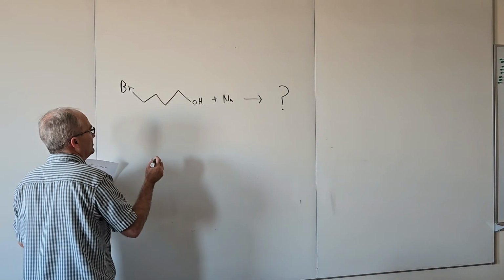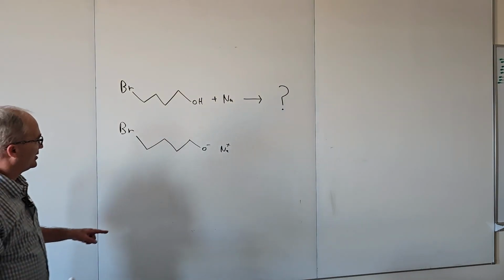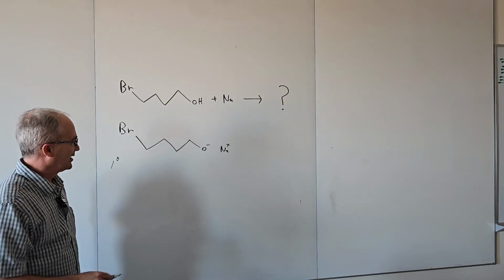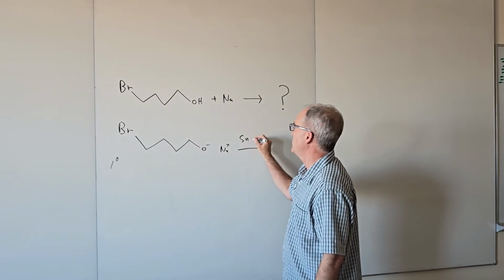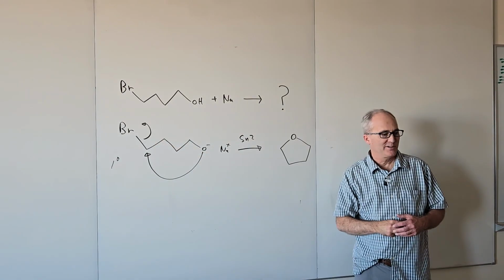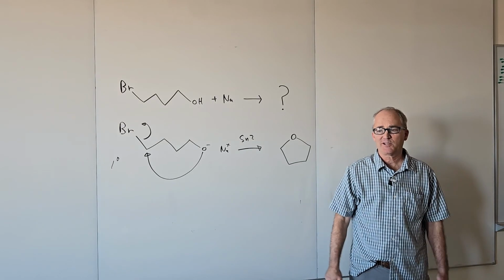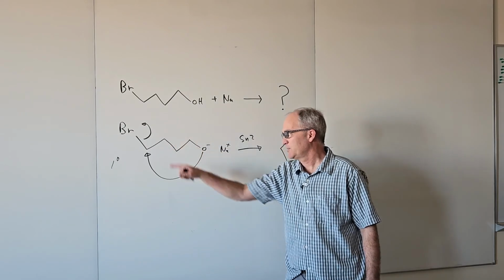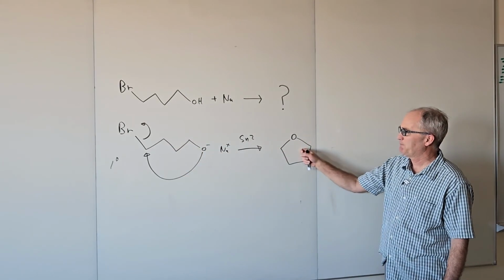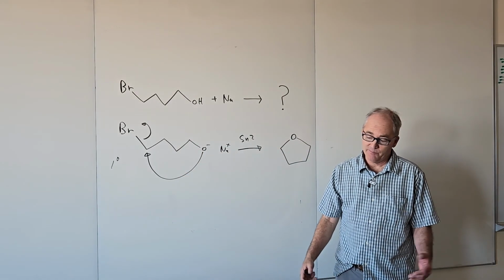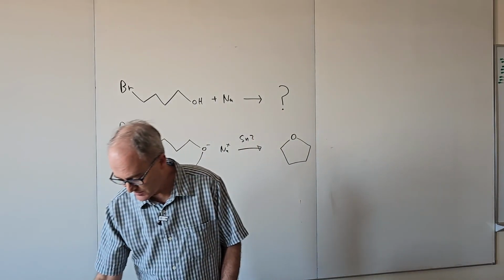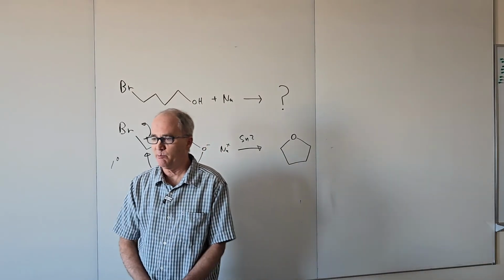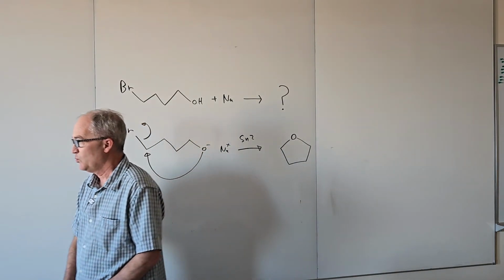Here's an alcohol part. Now we've got a primary alkyl halide and a strong nucleophile. Let's imagine SN2. My students like ring closers and ring openers. This would be a ring closer. It closes up into a ring. It also looks like a Williamson ether synthesis. I have a couple more examples prepared. We'll do that on Wednesday.